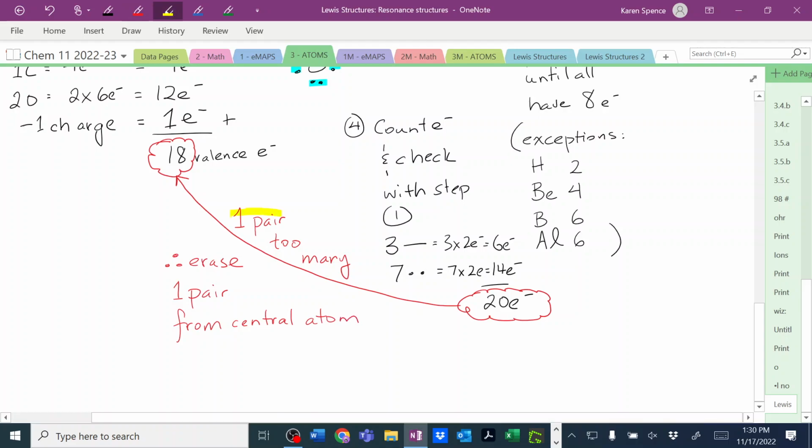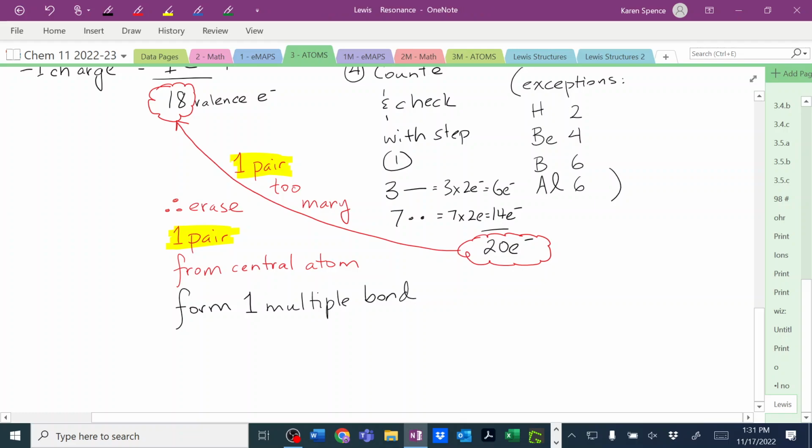So if we have 1 pair too many, we're going to erase 1 pair from the central atom, and we are going to form 1 multiple bond. And then we're going to do that by turning a lone pair into a bonding pair.